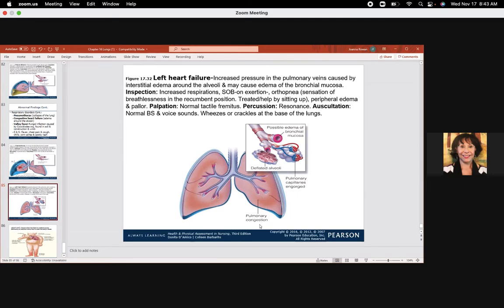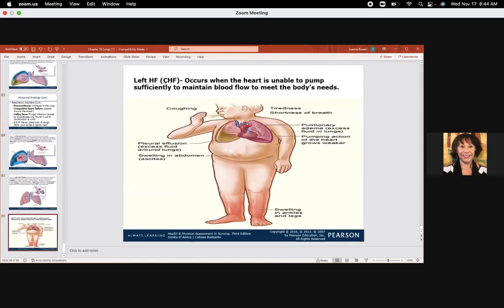And you can see the pulmonary congestion inside of the lung, the possible edema of the bronchial mucosa, pulmonary capillaries engorged, and deflated alveoli. Left CHF occurs when the heart is unable to pump sufficiently to maintain blood flow to meet varied needs.